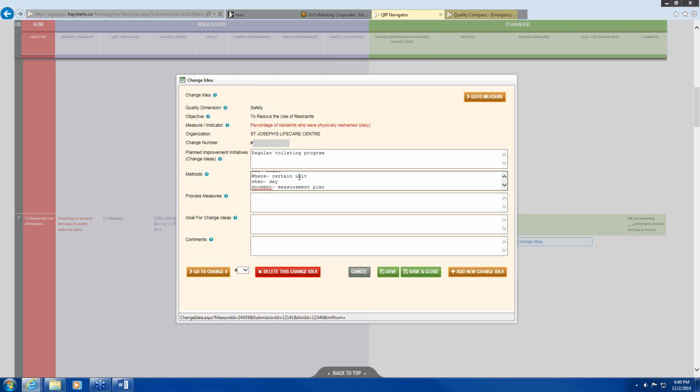Somebody's got to be able to know that this is going on and to evaluate it. So, like, who is restrained, when, why, do some root cause at the same time, maybe.